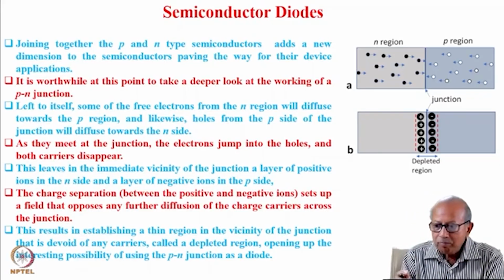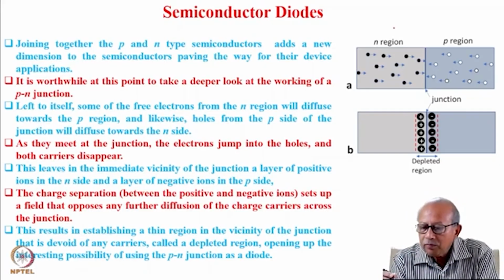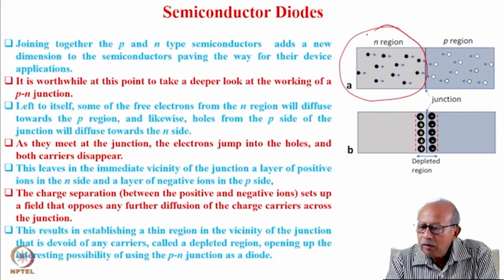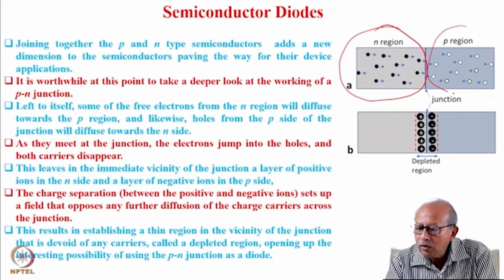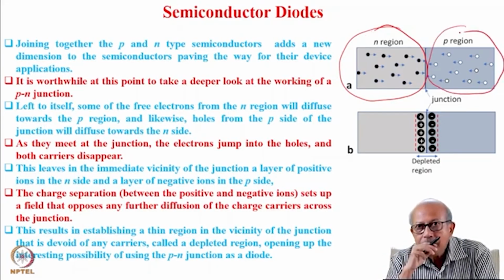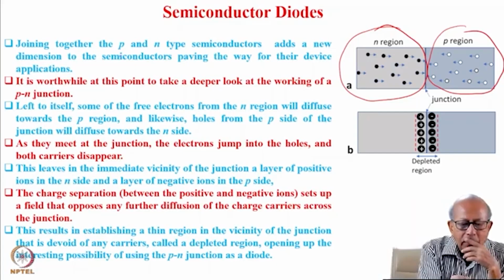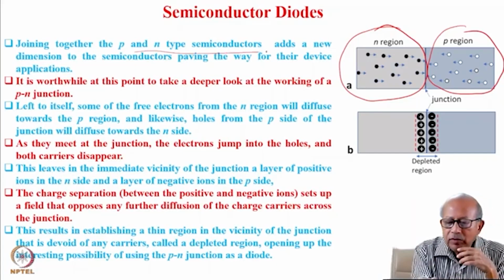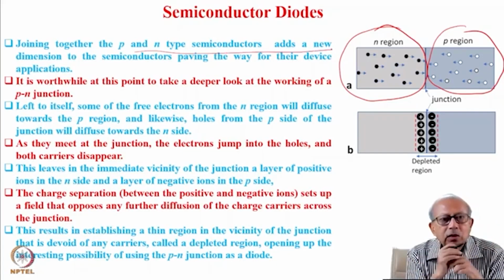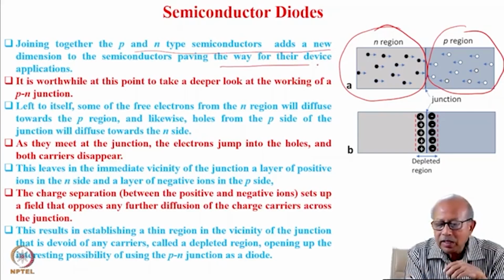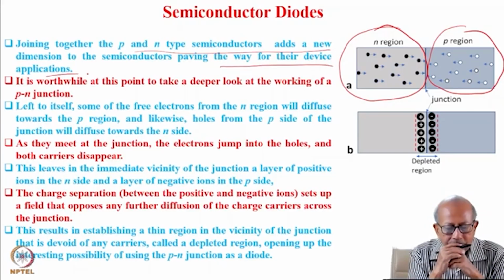That is, when you connect an n-type semiconductor with a p-type semiconductor, a very interesting phenomenon occurs at the junction. So joining the p and n-type semiconductors adds a new dimension to the semiconductor, paving the way, as I said, for device applications.